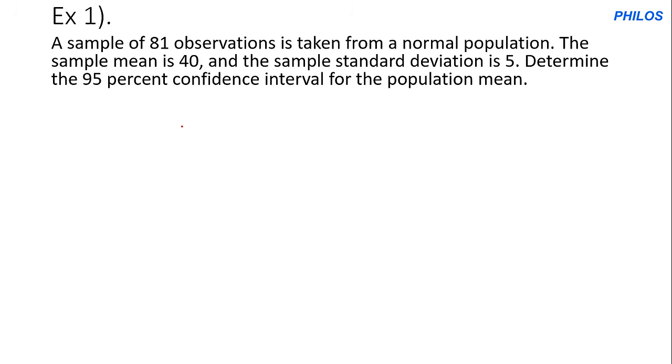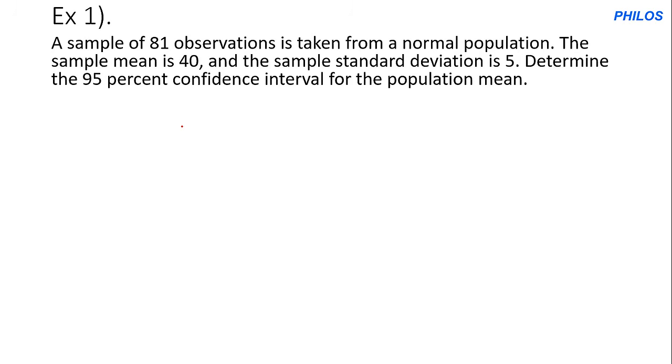A large sample. Or the population standard deviation should be known. When we say large sample, it means that the sample size is greater than or equal to 30. If the sample size is less than 30, then it is a small sample. But if the sample size is greater than 30 or equal to 30, then it is a large sample.